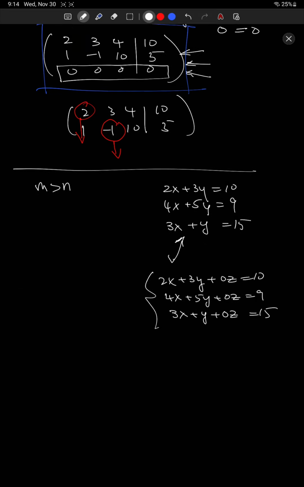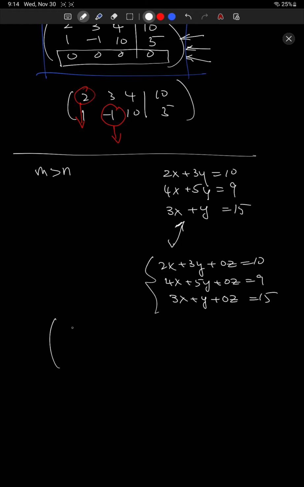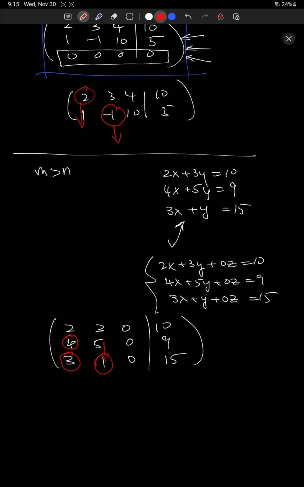And this is a problem that we already know how to do, right? We would write 2, 3, 0, 10, 4, 5, 0, 9, 3, 1, 0, 15, and we would do our little procedure. Generically, this 2 is going to clear that 4, it's going to clear that 3. And then whatever is left here is going to clear the thing underneath it.